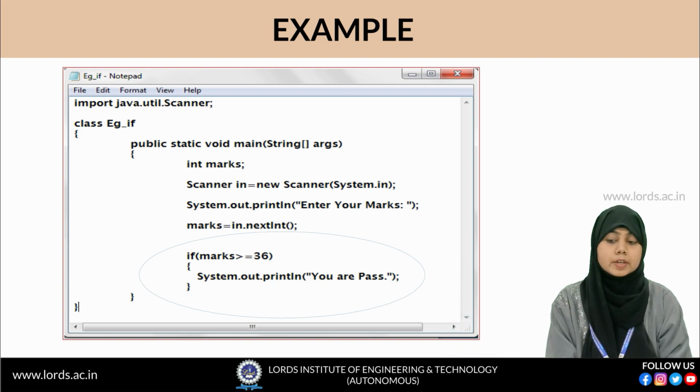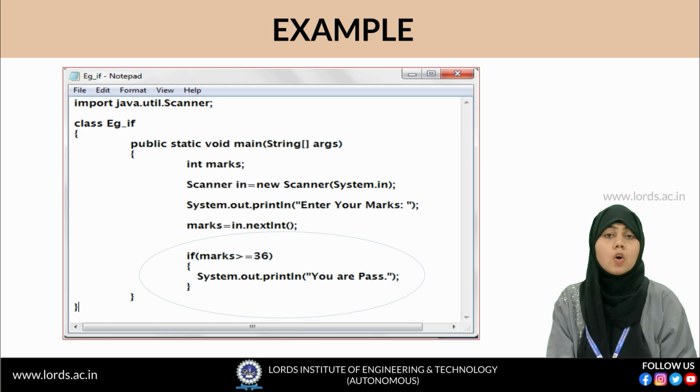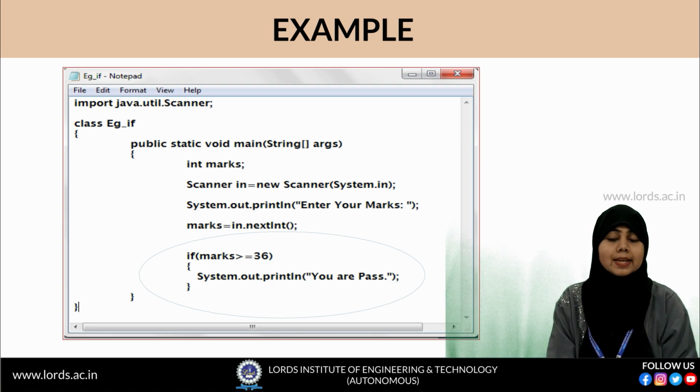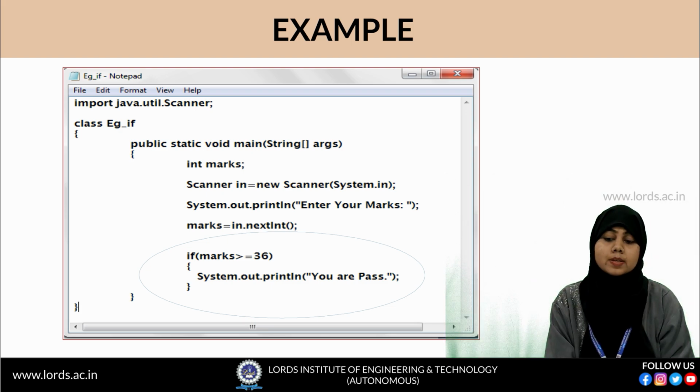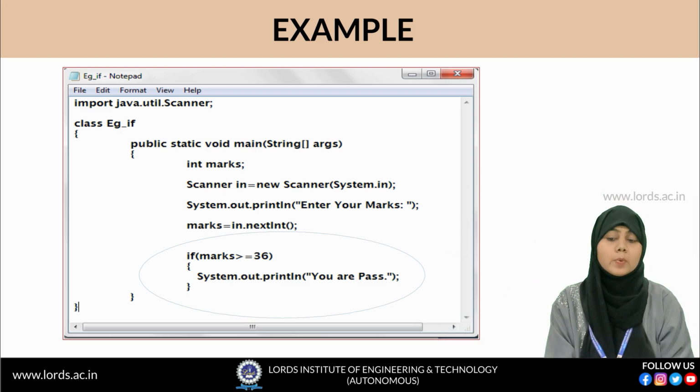Under the main method we are writing String arguments. That means we can also accept input from the command line. After that, I am declaring a variable named marks, and then I am creating the object of the Scanner class. Scanner is the name of the class, in is the object name, and the new operator will allocate the memory to the object in.